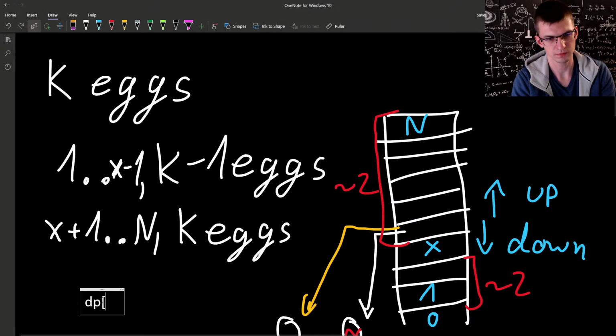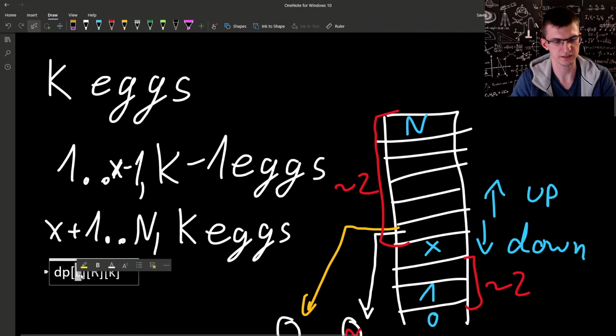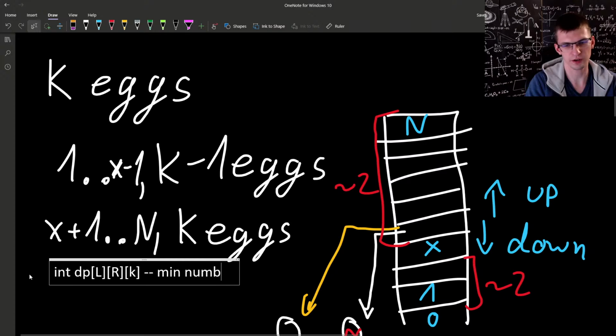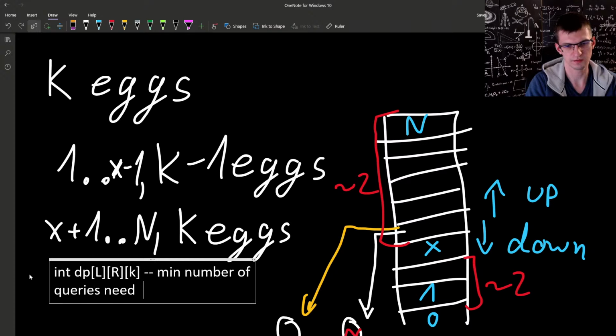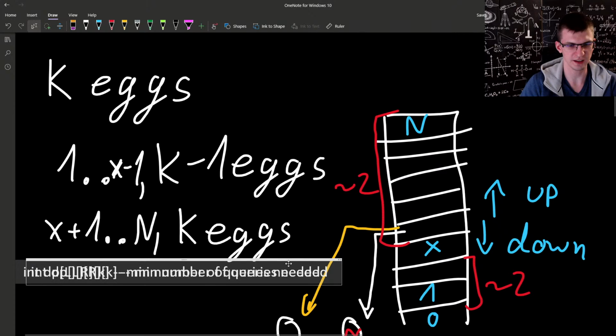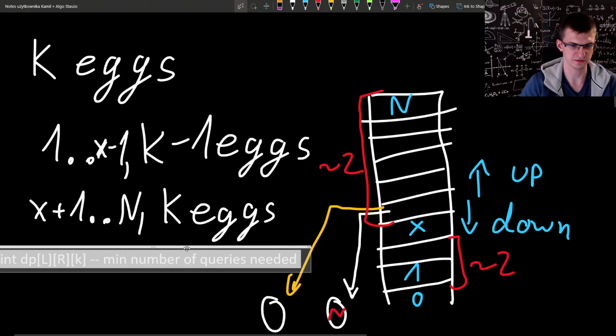DP of L, R, and K. This will tell us, L is the minimal floor, R is the maximal floor, and K is the number of eggs we have. This will mean the number of queries needed. And that's some example of a definition. DP is about defining the DP state and also about doing the transitions.